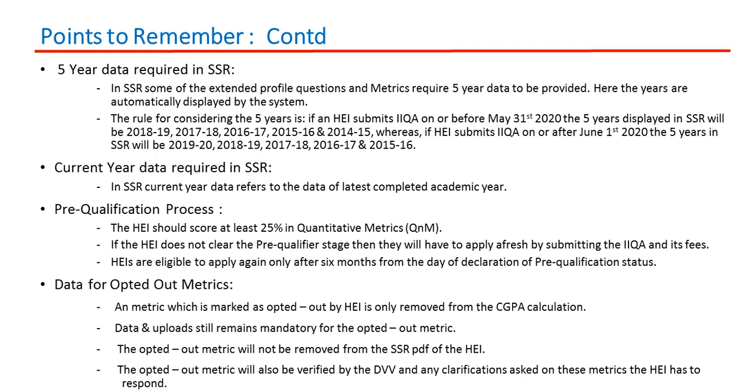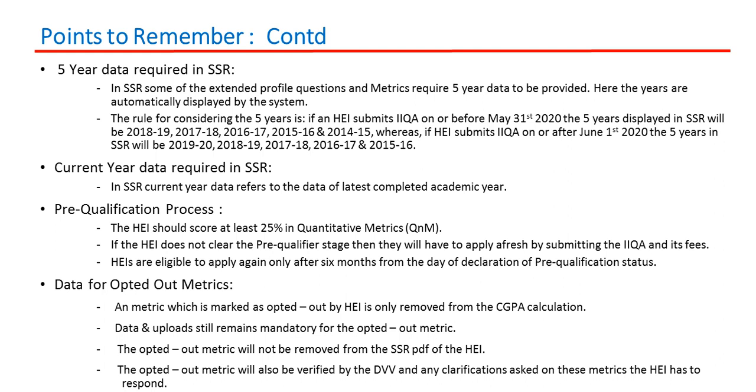The rule for considering the 5 years is: if an HEI submits IIQA on or before May 31st, 2020, the 5 years displayed in SSR will be 2018-19, 17-18, 16-17, 15-16 and 14-15.